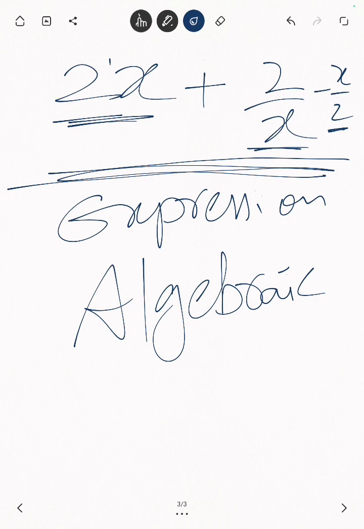This is the definition of algebra. See, here I am using constants, I am using variables, and I am combining them with addition or subtraction or multiplication or division, whatever it is. We call it an algebraic expression.